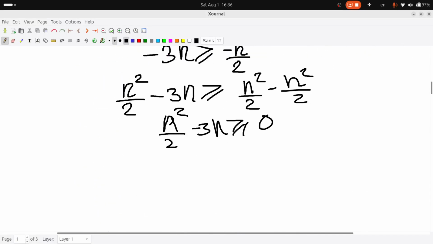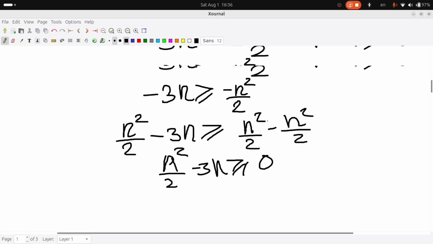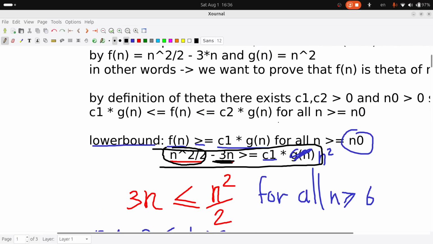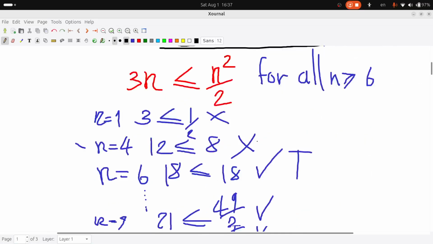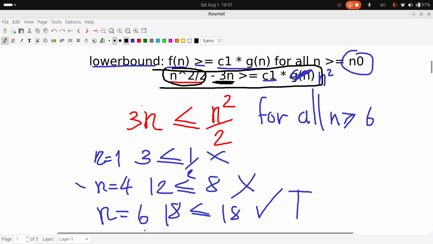But we have found a problem: the right side is 0. That is impossible because we say that the constant c1 must be greater than 0 and g(n) is n squared. So there is no c1 that makes the right side of the inequality 0. So this one we cannot use.